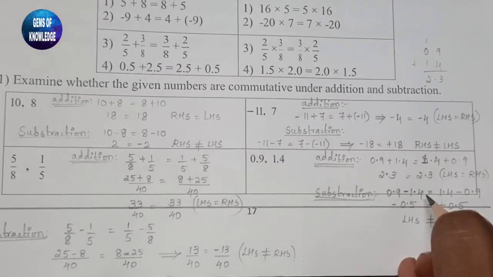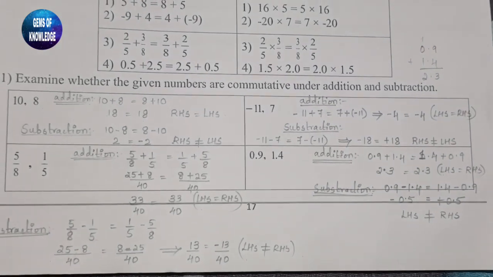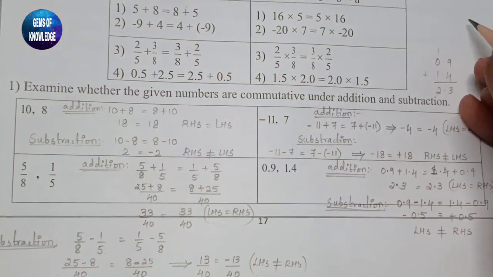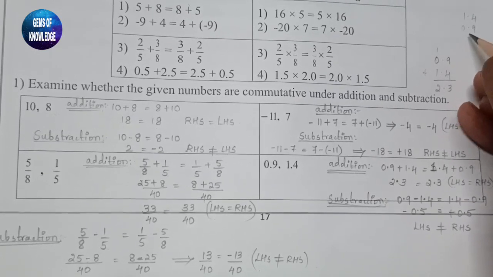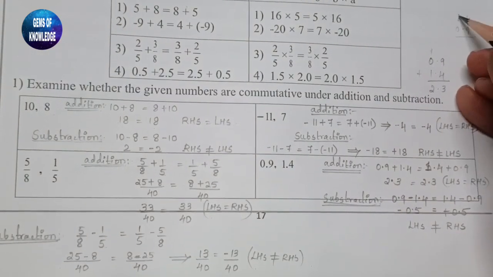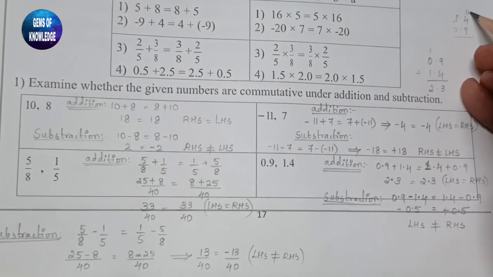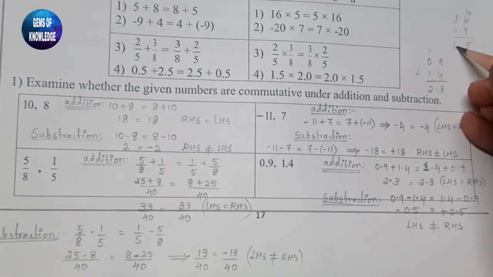Similar way, if you subtract this, you are going to get minus 0.5. Same thing, if you subtract 1.4, let me show you, okay, so you cannot subtract here. So what you are going to do, you will remove this one and carry it out here. So this will be 14. So 14 minus 9 is 5 and this will be 0.